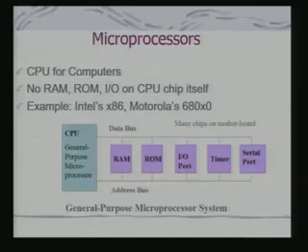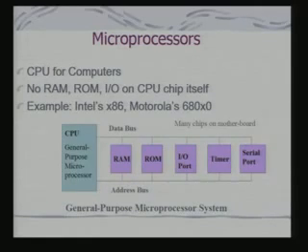We are all familiar with microprocessors, and a microprocessor like the Intel Pentium is used as a CPU for the computers that we use. Typically, a microprocessor does not have any RAM, ROM, or I/O on the chip itself.